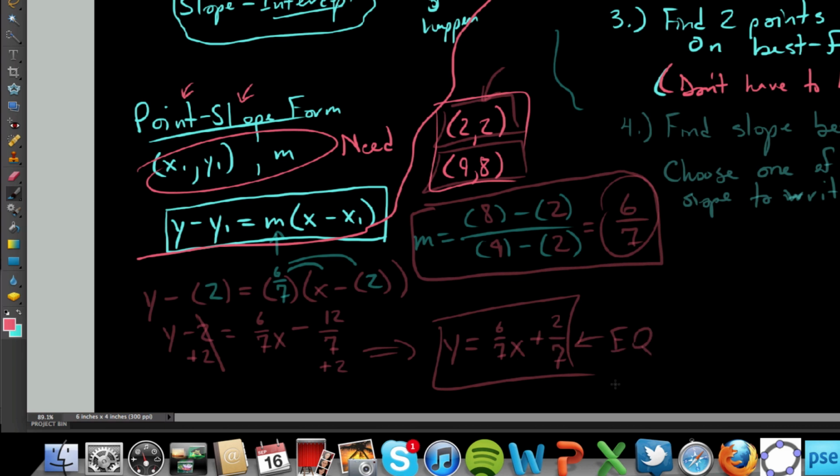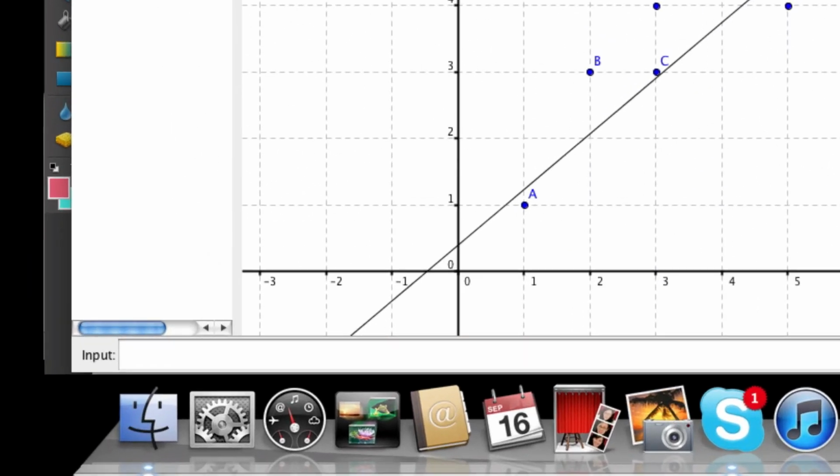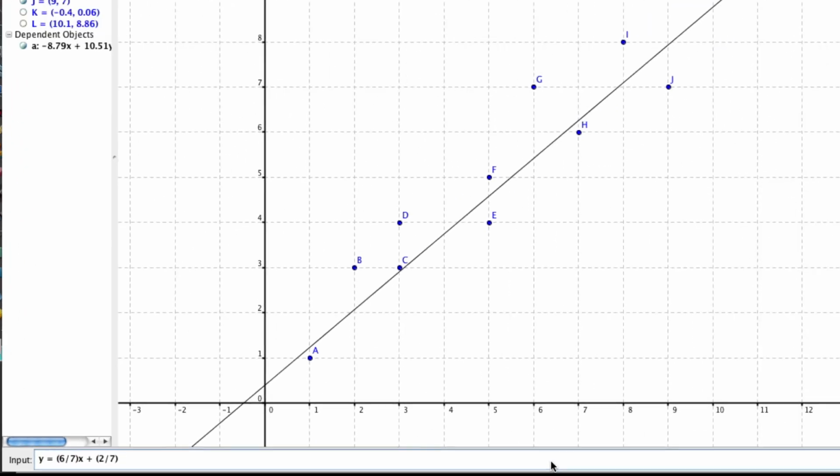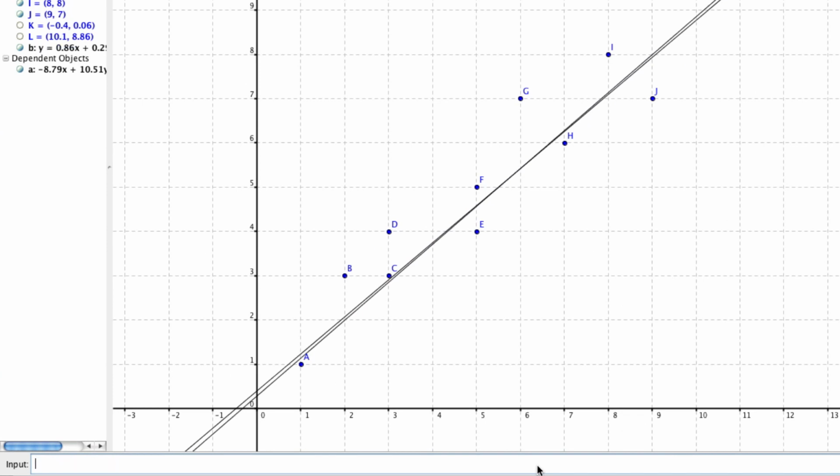approximately. What I'm going to do is go back over to GeoGebra now and type in 6 sevenths x plus 2 sevenths, and it should be very close to this line. So we say y equals 6 sevenths x plus 2 sevenths. Now when I hit enter, boom, look at that, really close to the line that we had originally sketched.